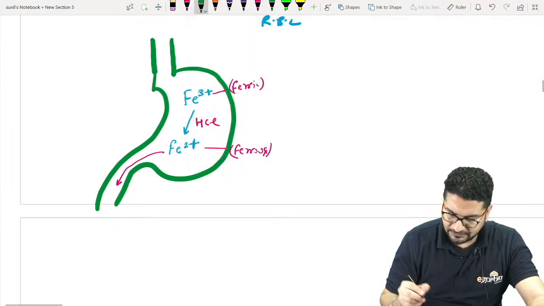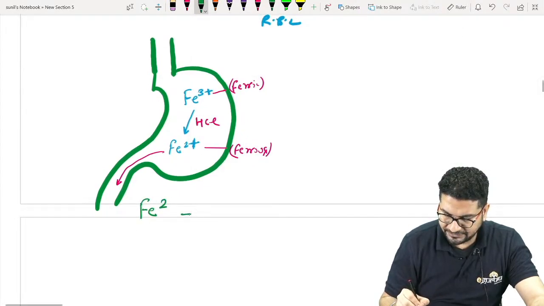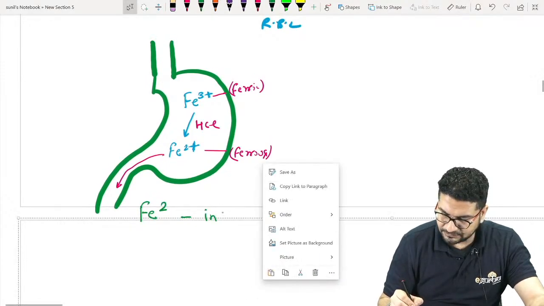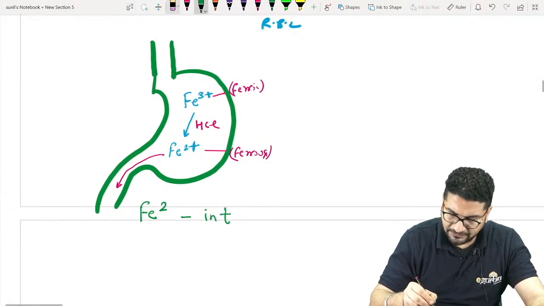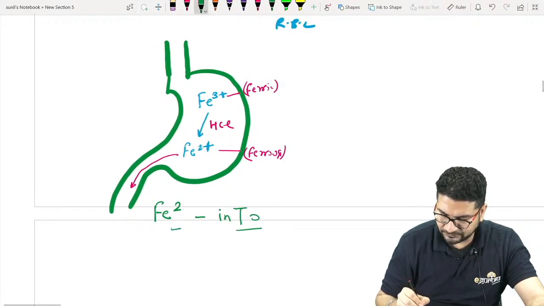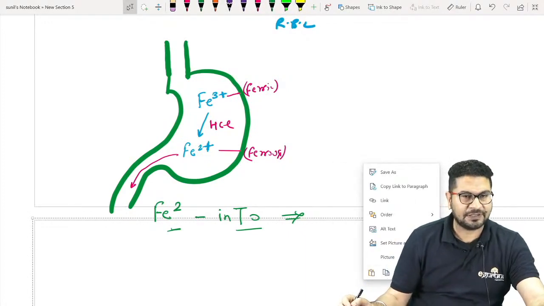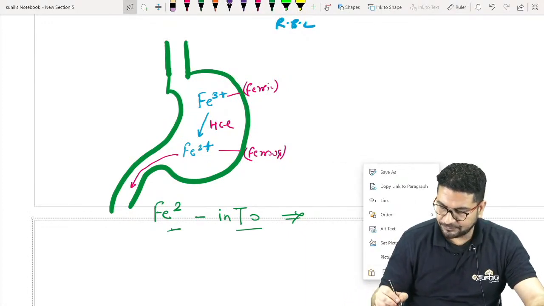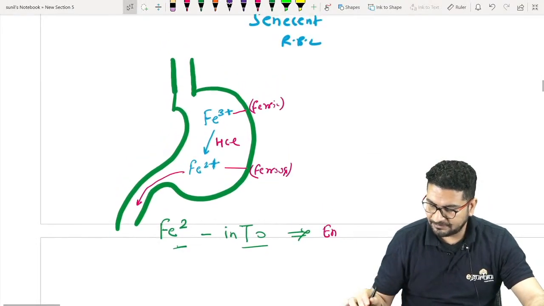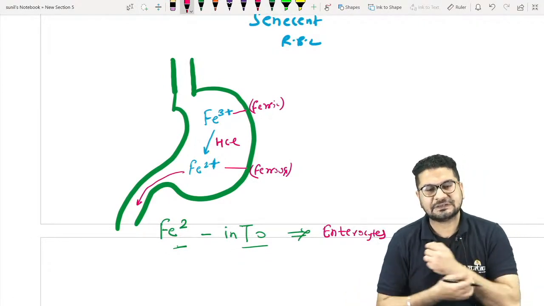Nowadays they are asking detailed questions, so we should know the basic thing. Remember Fe2 into, into means 2. So the ferrous form is going into your duodenum. In the duodenum we have enterocytes, which are the cells.